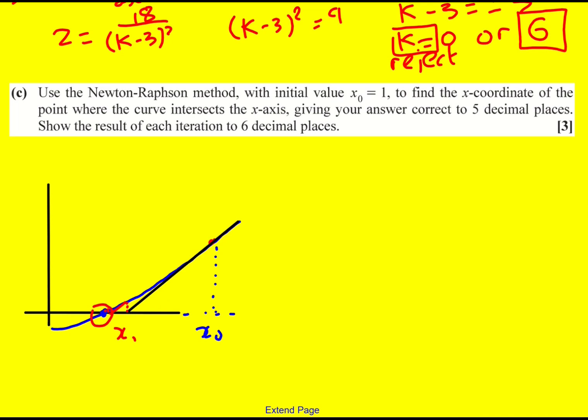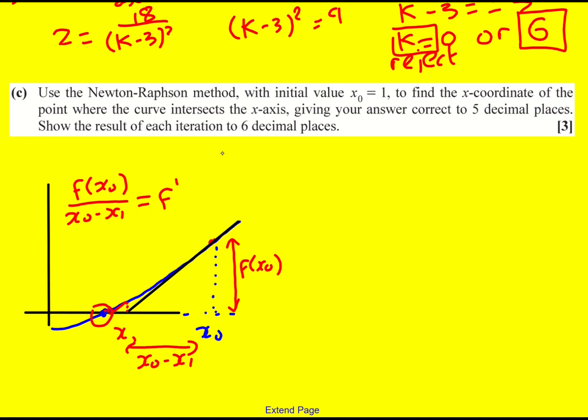So what is actually happening? Well, we've got f of x, so this is f of x0, that's the rise. And then this is going to be x0 minus x1. So the gradient will be f of x0, the rise, divided by the run. However, that's the gradient of the tangent, and it will equal the gradient of the curve at that point. So f dash x gives you the instantaneous gradient along the curve.